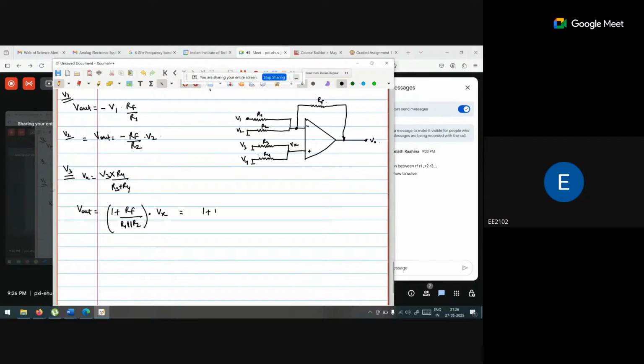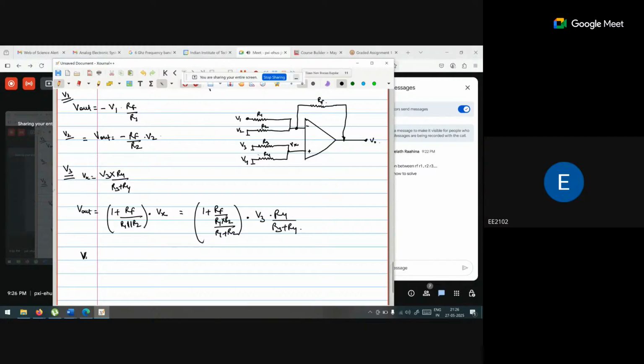That is 1 plus RF by R1 into R2 upon R1 plus R2, multiplied with V3 into R4 upon R3 plus R4.